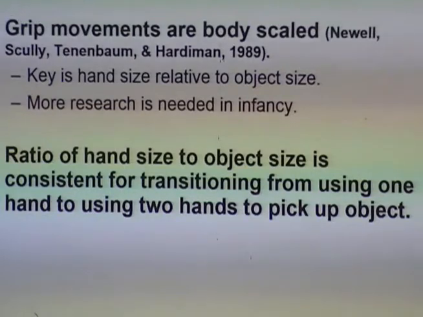Right? But it was initially because he started her playing at such a young age. So what we find is that the key to the grasp that we see is the relationship between the hand size relative to the object size.